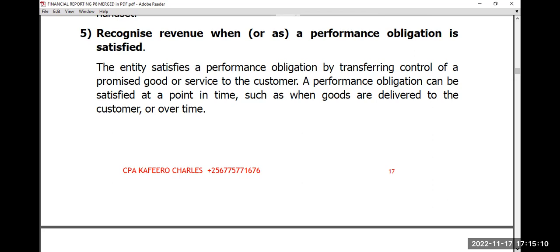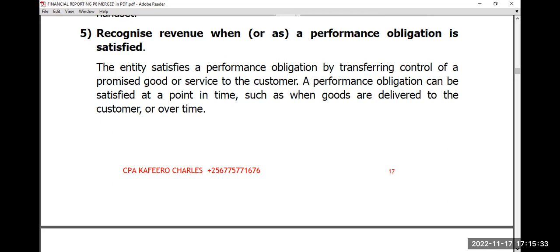Some of these are those long-term contracts. Maybe it is a construction company and they have got a tender to construct roads. You may find that those roads are going to take a very long period of time to be completed, so the performance is going to be there in stages.